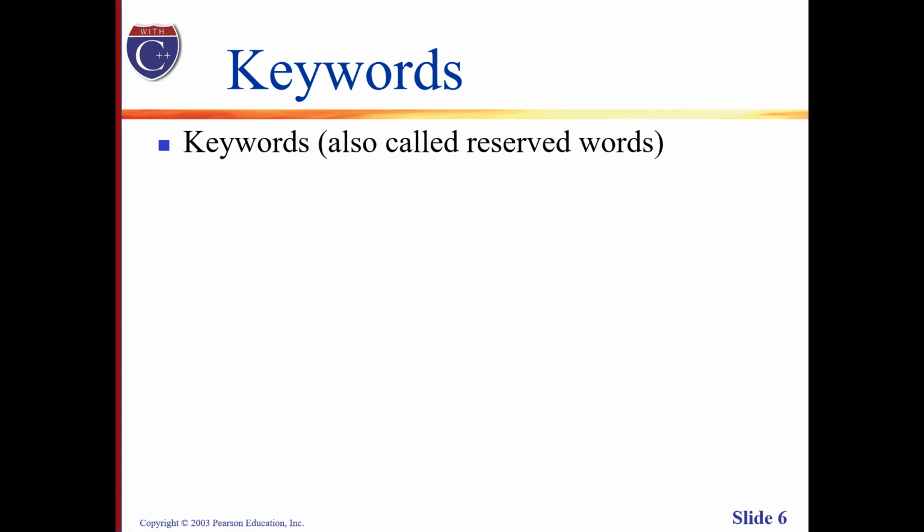In C++, we also have what we call keywords. Sometimes they can also be referred to as reserved words. So what are these reserved words? In C++, reserved words are those that are used specifically by the C++ language.